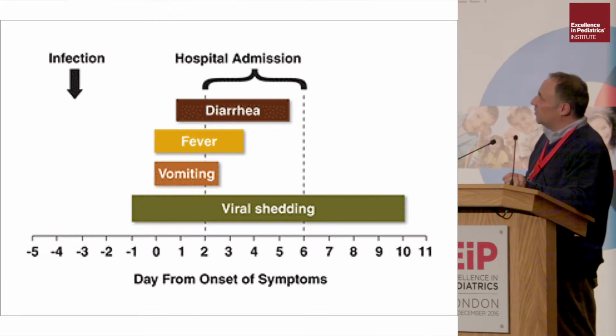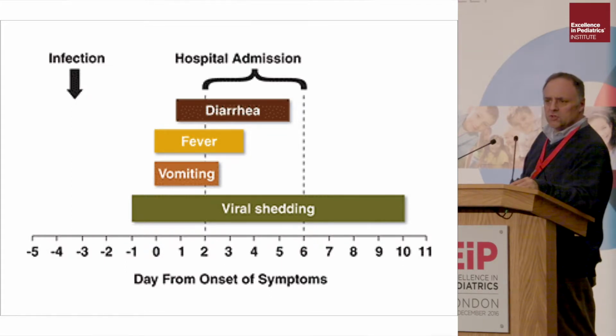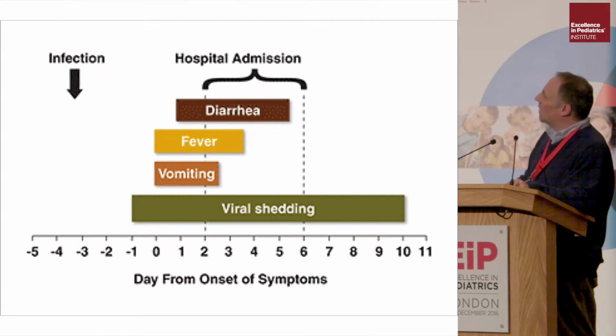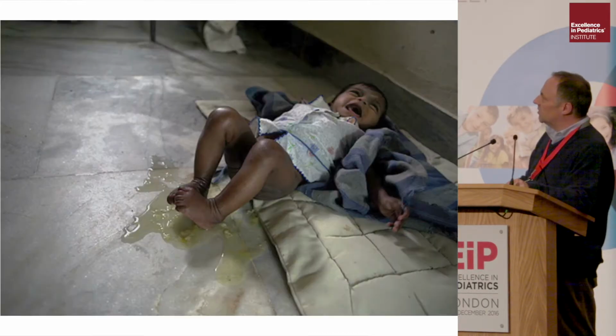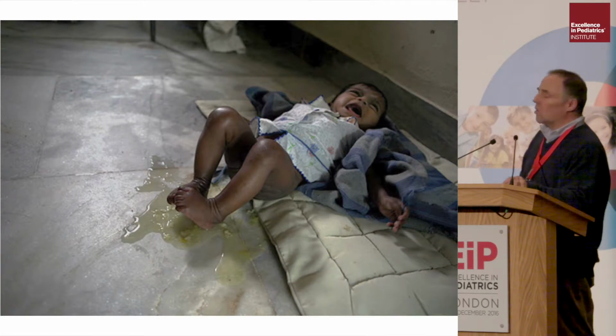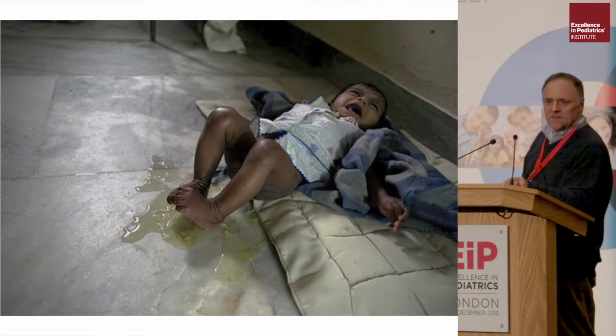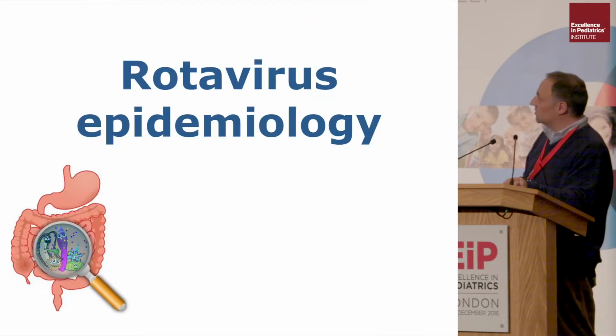And then finally the diarrhea starts, and depending on the level of dehydration and the level that the parents are worried, a child might be hospitalized for that. Or if it's not hospitalized, it can quickly lead to dehydration, which can be very dangerous and kill the child.